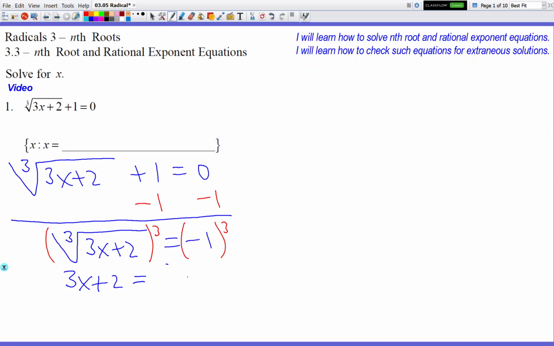Same concept here. On the right side we get negative 1, because negative 1 to the third power is negative 1. Negative 1 times negative 1 times negative 1 is negative 1. Then we just continue solving for x. We get the x by itself, so subtract 2 on both sides.